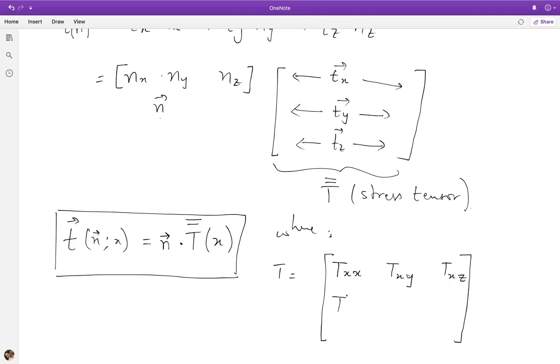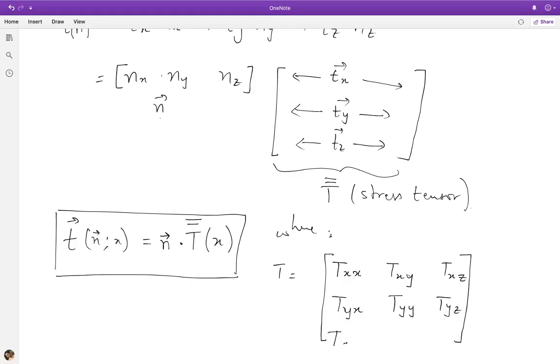Similarly, I'll have the decomposition of the stress vector ty in terms of tyx, tyy and tyz, where again tyz is the z directed stress acting on the y oriented surface, and so on.